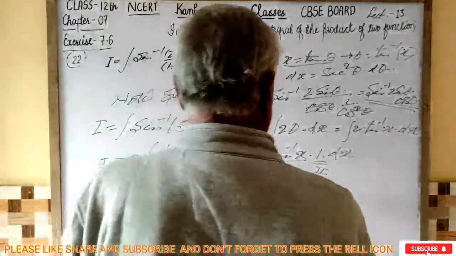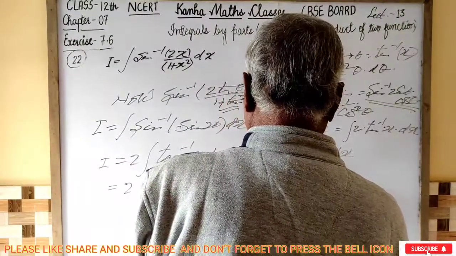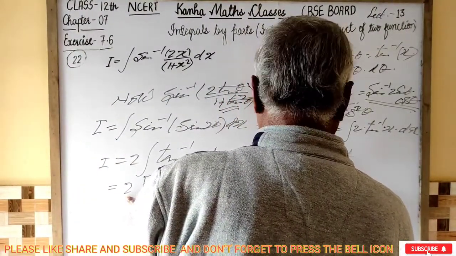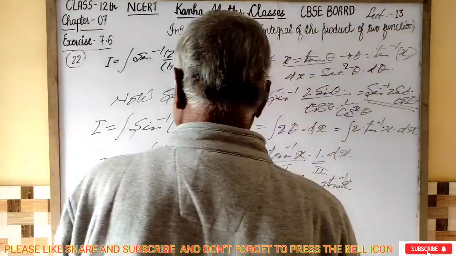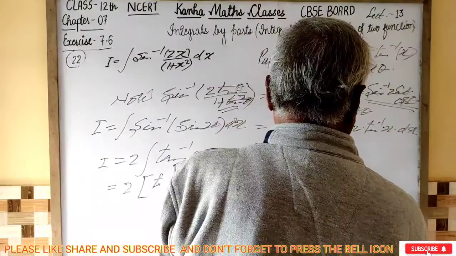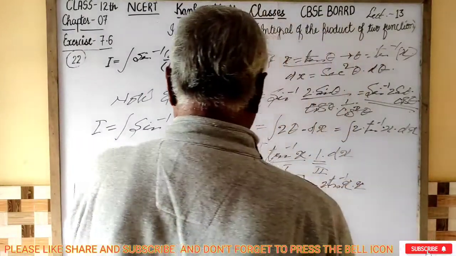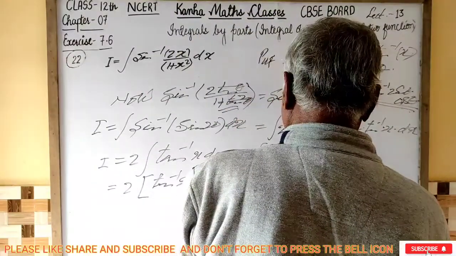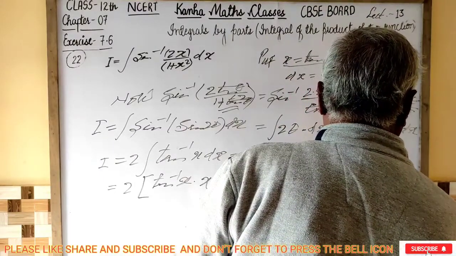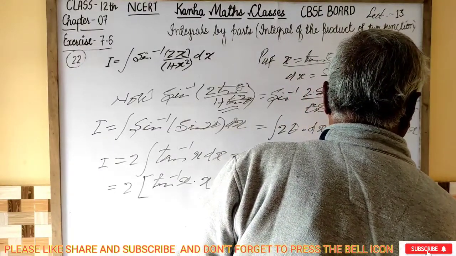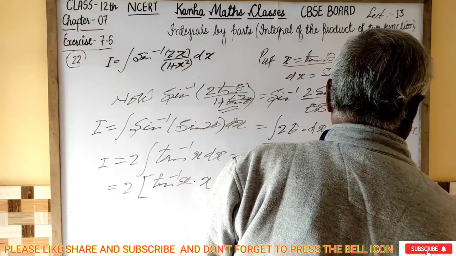This is 2 tan inverse x into x minus 2x upon 1 plus x square dx.